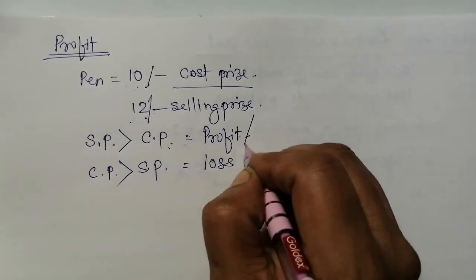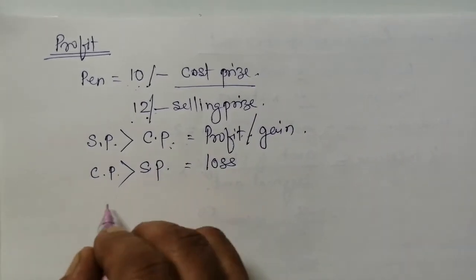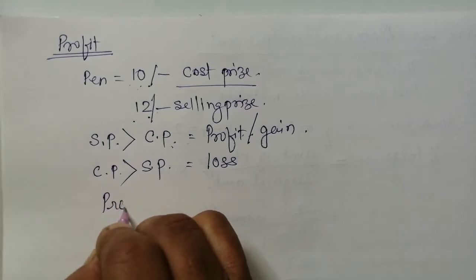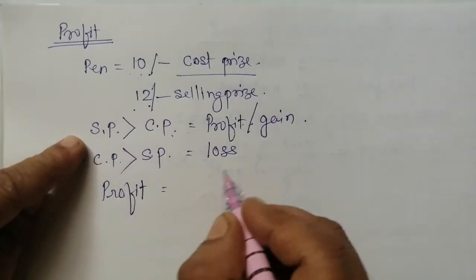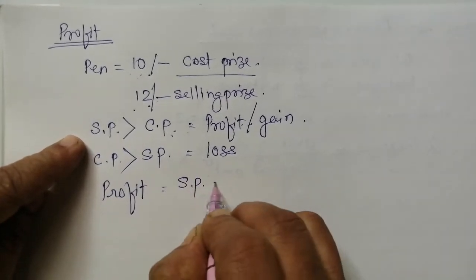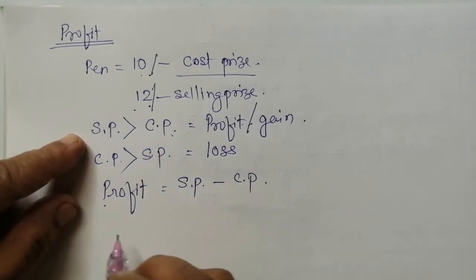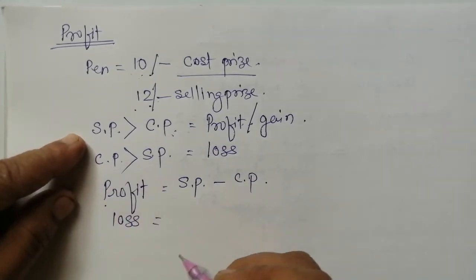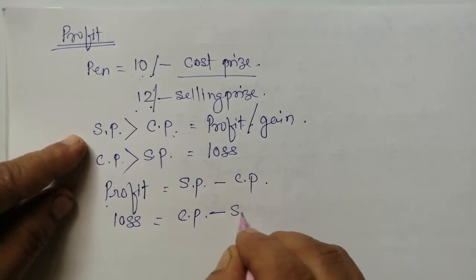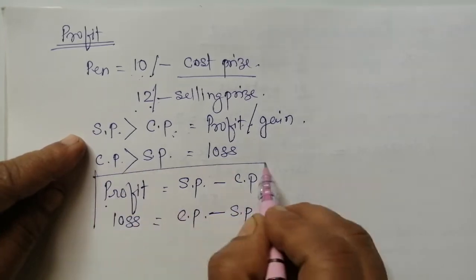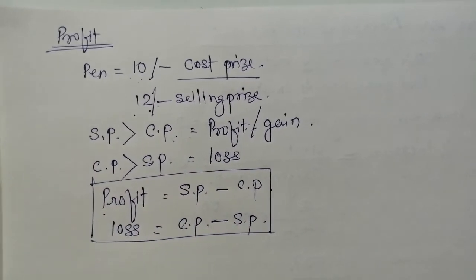Profit may also be called gain. So profit is equal to selling price minus cost price. In the same way, for loss the cost price is more, so cost price minus selling price is equal to loss. These are the basic formulas for profit and loss.